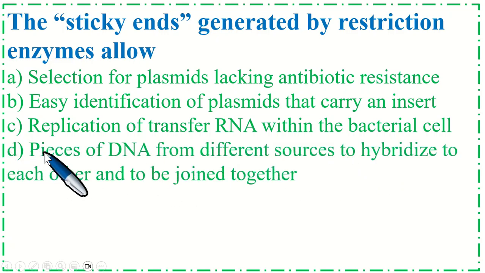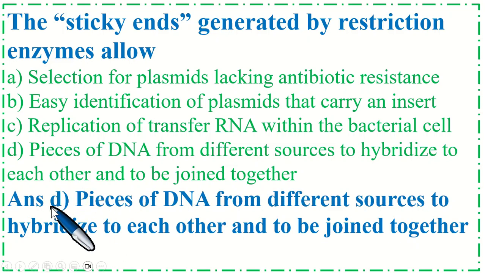And option D, pieces of DNA from different sources to hybridize to each other and to be joined together. Correct option is D, pieces of DNA from different sources to hybridize to each other and to be joined together.